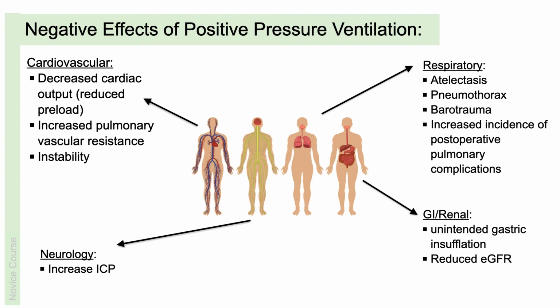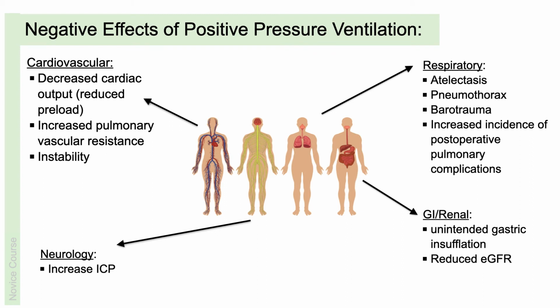For the gastrointestinal and renal system, when using positive pressure ventilation, particularly through a face mask or a supraglottic airway, there can be unintended gastric insufflation due to the pressures required to inflate the lungs. Also, this reduction in cardiac output that we see has knock-on effects.